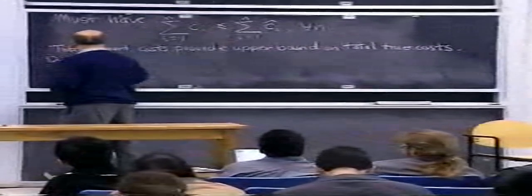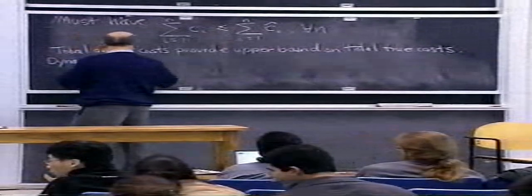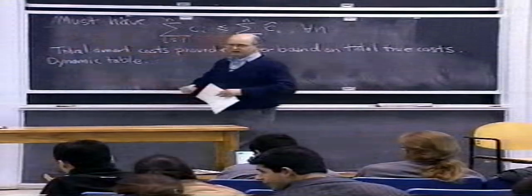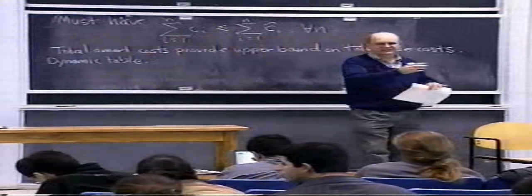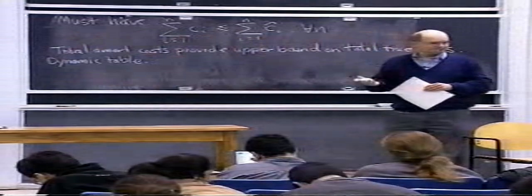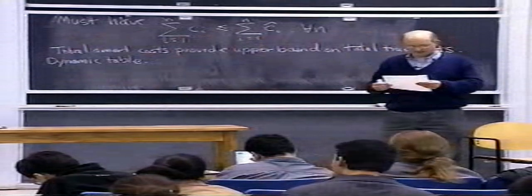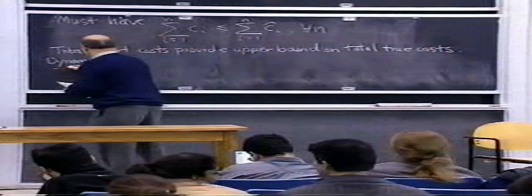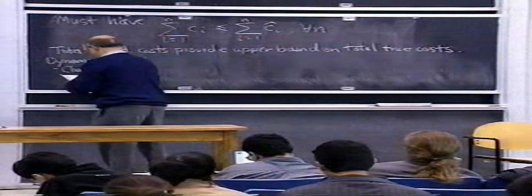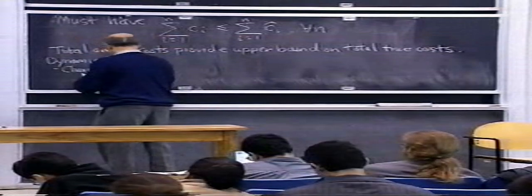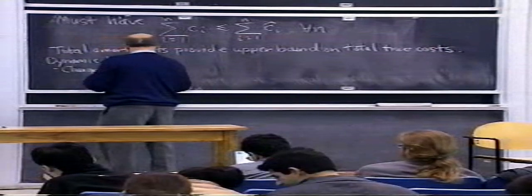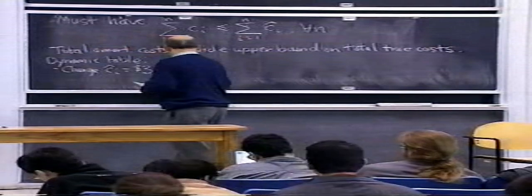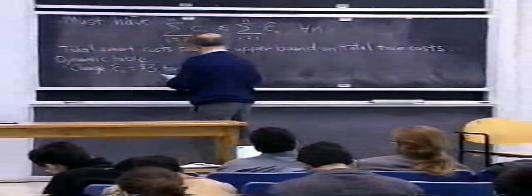For the dynamic table, $1 is going to essentially pay for an item to be inserted or moved. That'll be the constant amount. So I'm going to charge $3 for the ith insert.